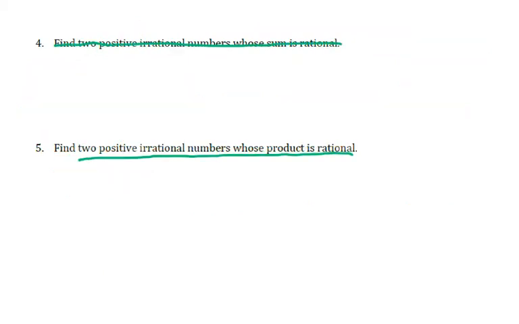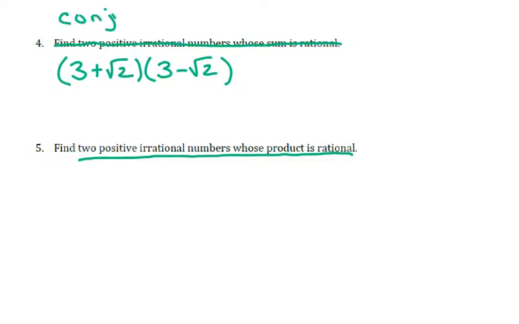We have 3 plus the square root of 2 times 3 minus the square root of 2. And this is something you might recognize from algebra, that these are conjugate pairs.